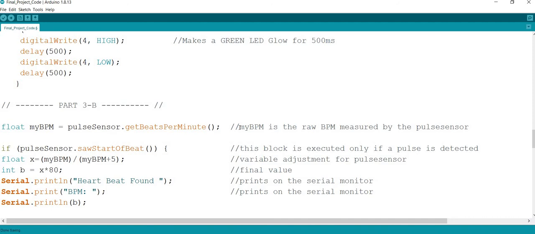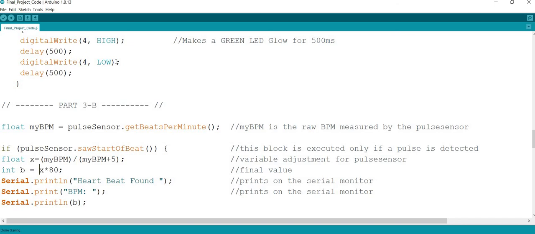So we used the same trick again. We declared another variable, x, as my BPM by my BPM plus 5. And since we were getting the my BPM values in hundreds or even 30s, it is still a number which is close to 1, but yet a number that is changing.